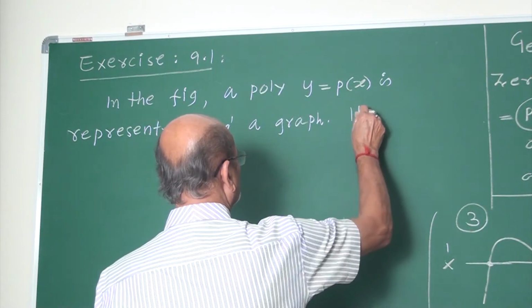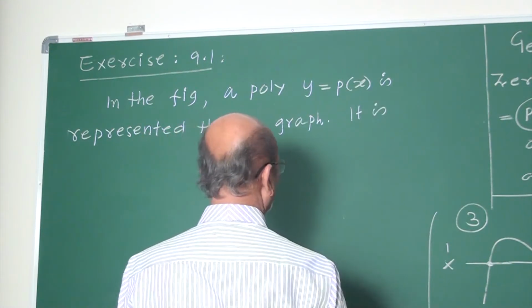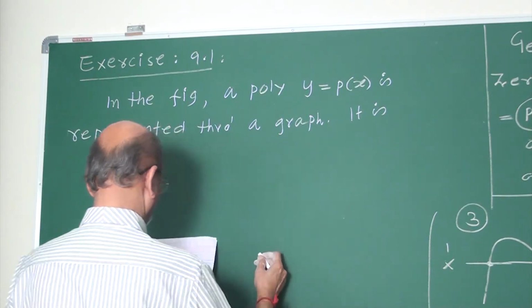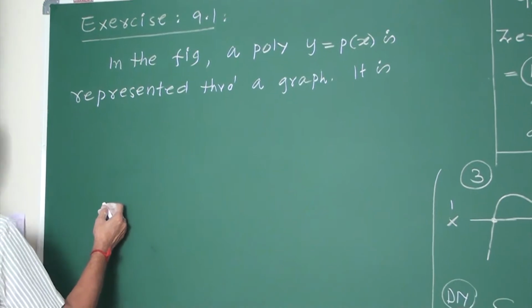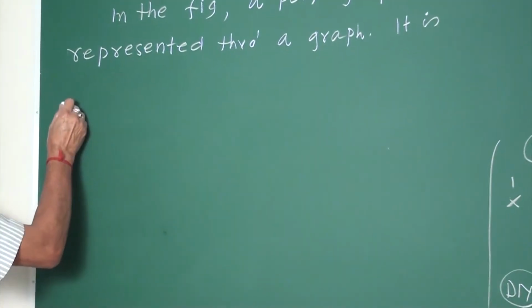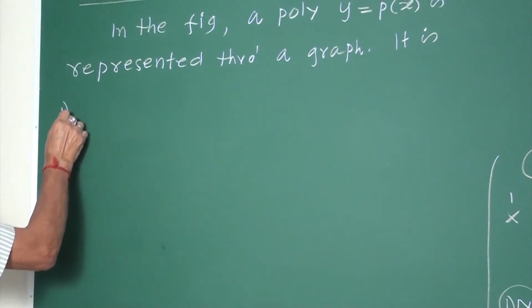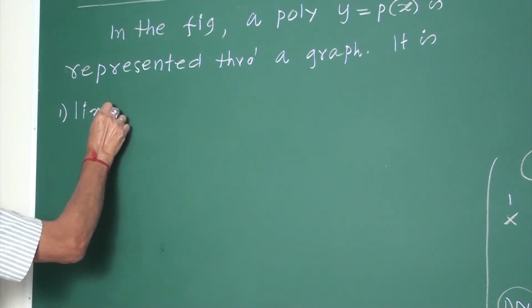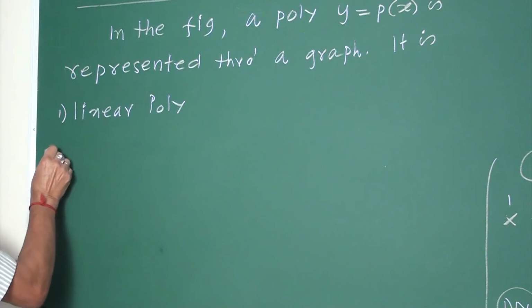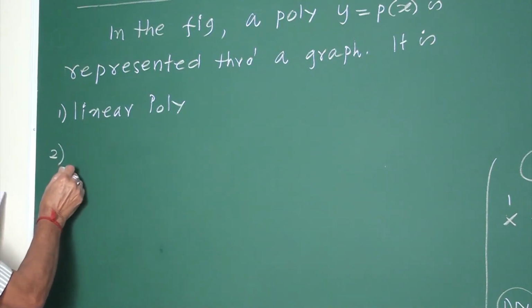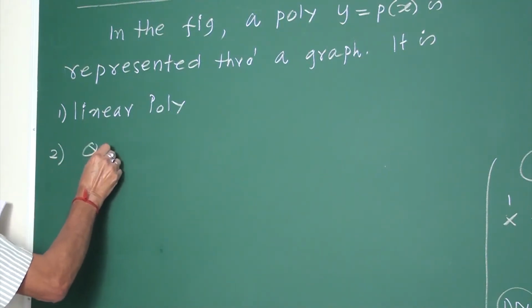These are the options. First option is linear polynomial. Second option, quadratic polynomial.